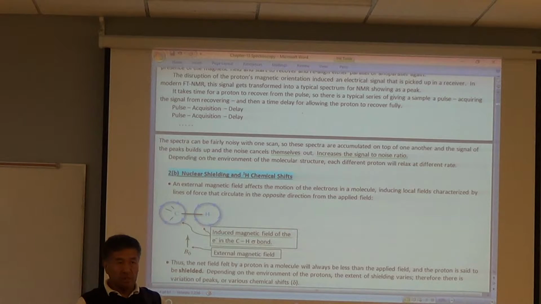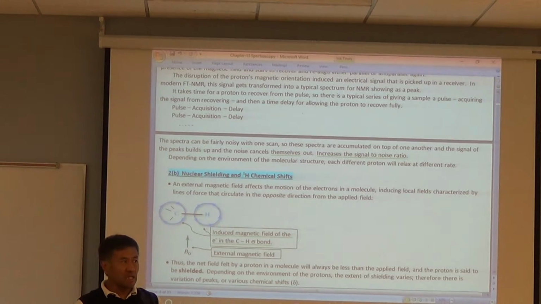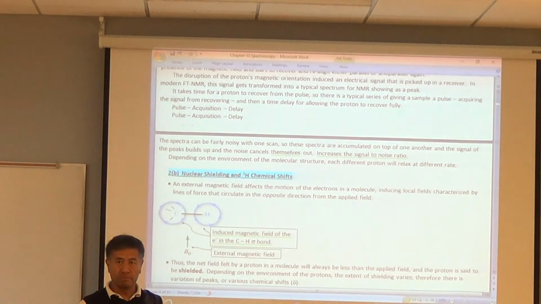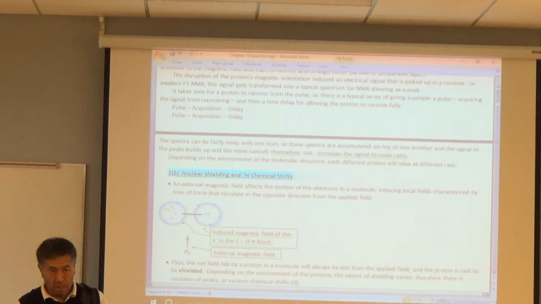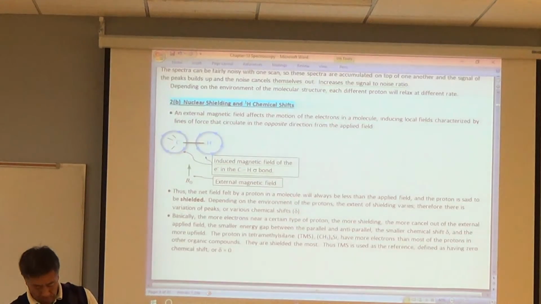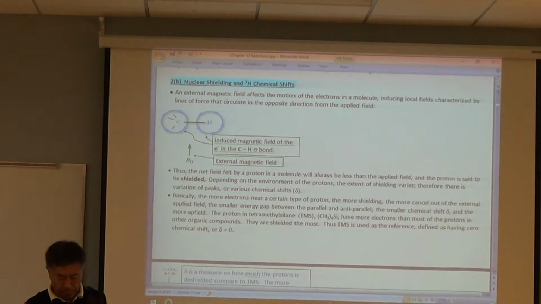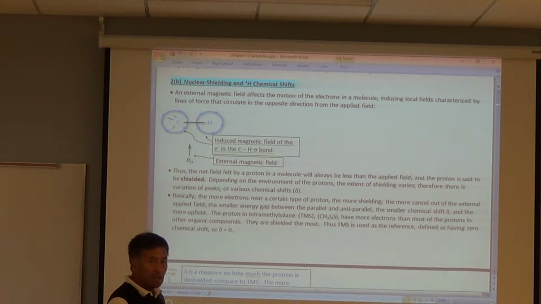The magnetic field produced by the chemical bond is in the opposite direction to B0. So those magnets from the chemical bond provide shielding: they take away some of B0 and make B0 a little weaker, blocking B0.